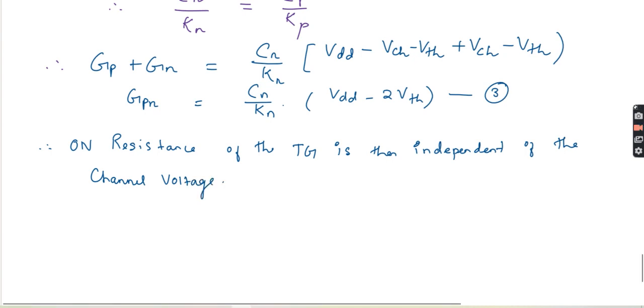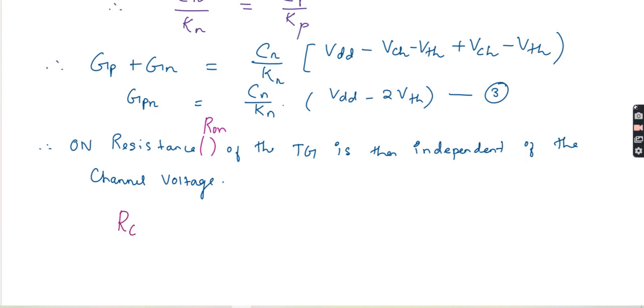On resistance, I can say it is R on, that is RTG, the on resistance of the channel. So you can see in this expression, the resistance is the inverse of the conductance, so it is inversely proportional.